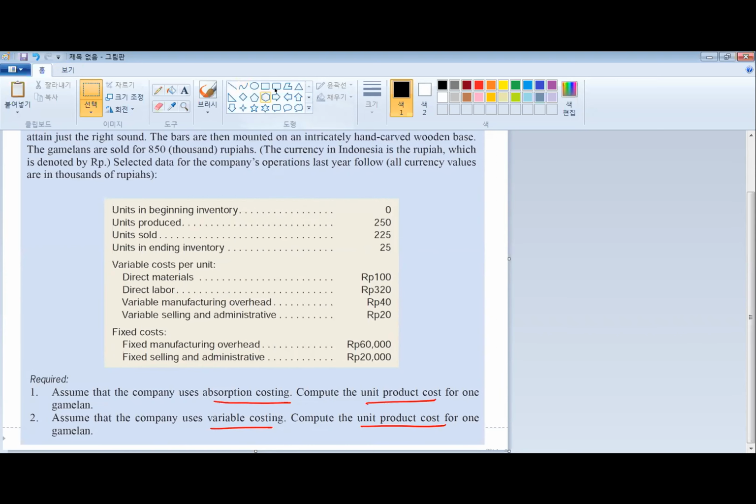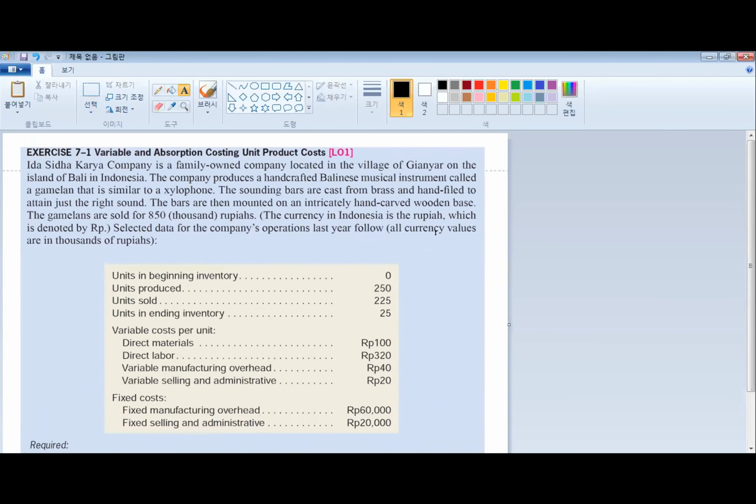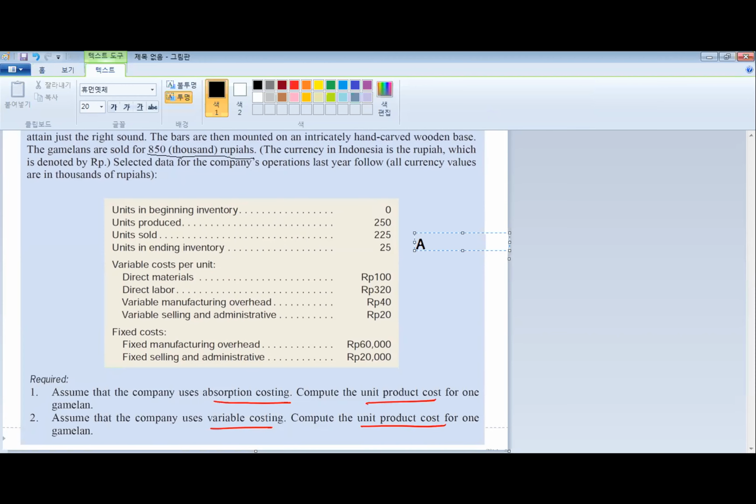Yeah, direct labor. Okay, any question? Not yet. Okay.